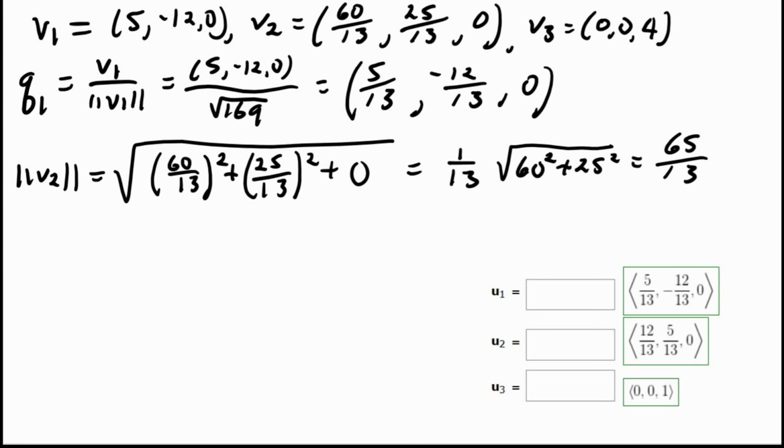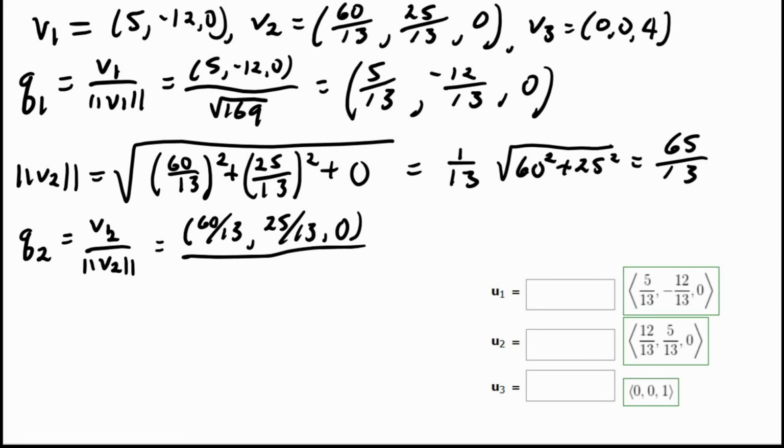Right. So q sub 2 is v sub 2 over the norm of v sub 2. V sub 2 is (60 over 13, 25 over 13, 0), all over 65 over 13. When we divide, the 13 in the bottom goes upstairs and 65 goes on the bottom, so the 13s cancel out.